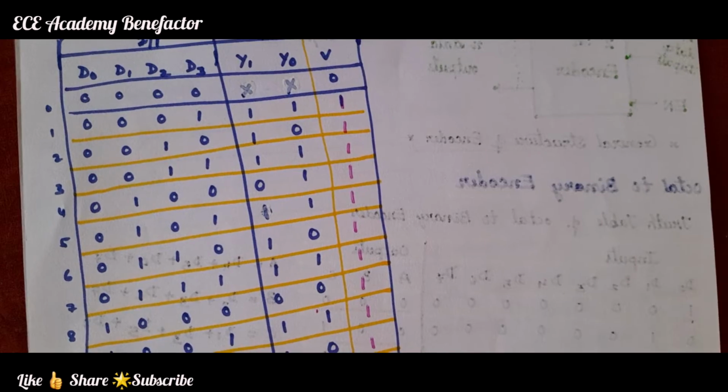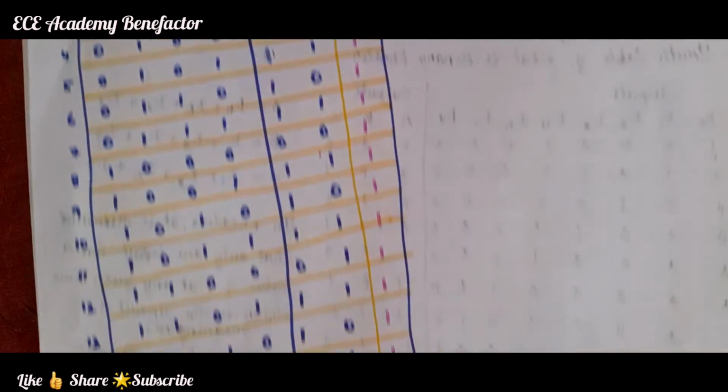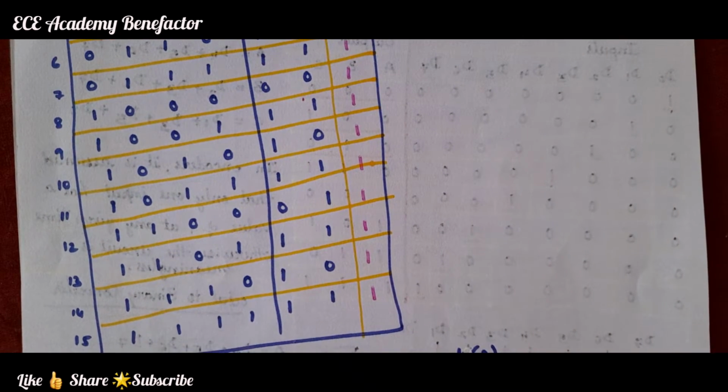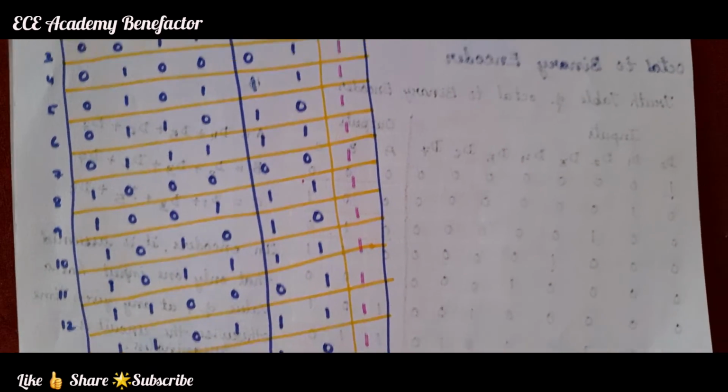The inputs D0 to D3 vary from 0000 till 1111, so we have written the numbers from 0 to 15.